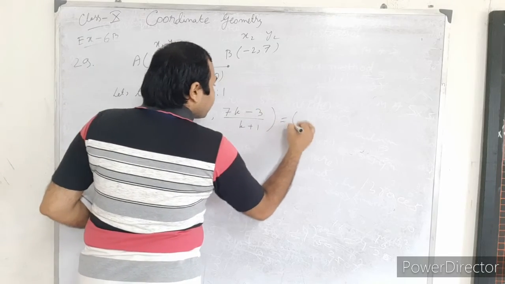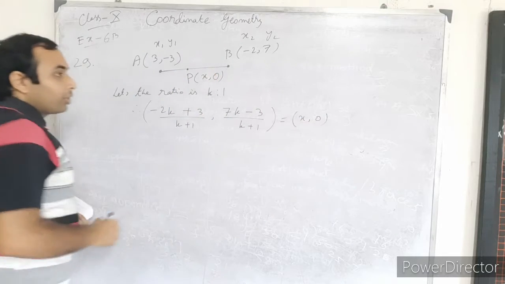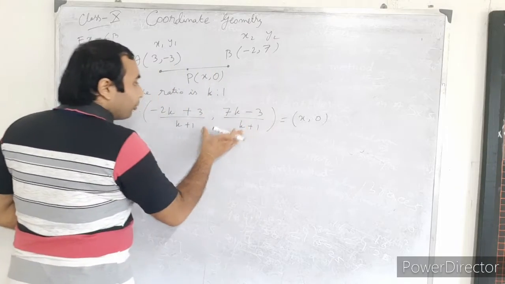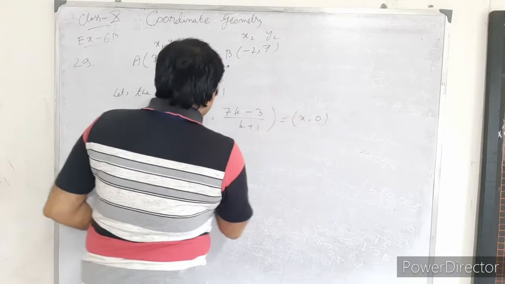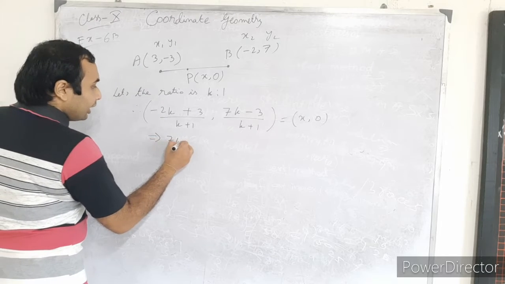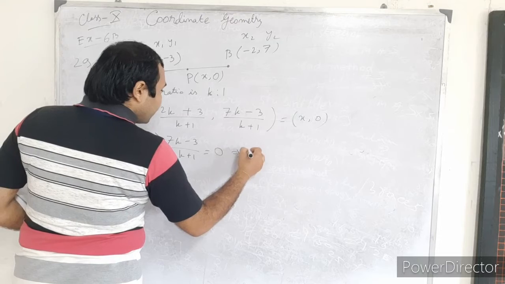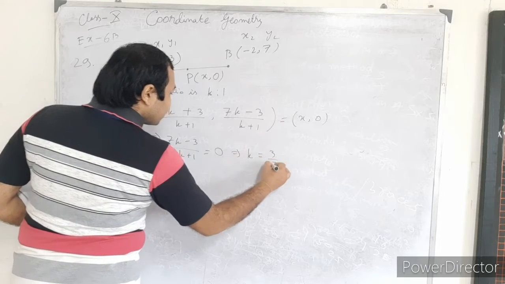So this is equal to (x, 0). Comparing those two, we can take from here (7k minus 3) by (k plus 1) equals 0, which implies k equals 3 by 7.